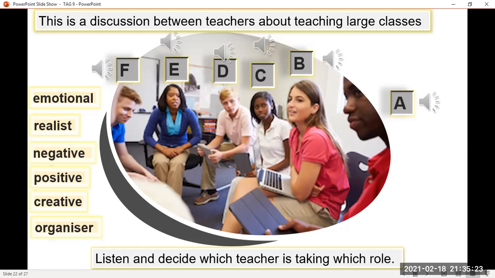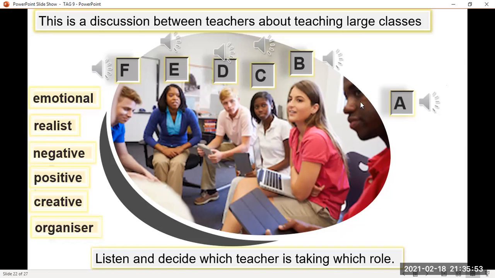One is negative, positive, creative, and the last one is organizer. So you have to choose each role of these six roles and match them with these people. Listen and decide which teacher is taking which role. If you cannot hear well, I can replay it for you.